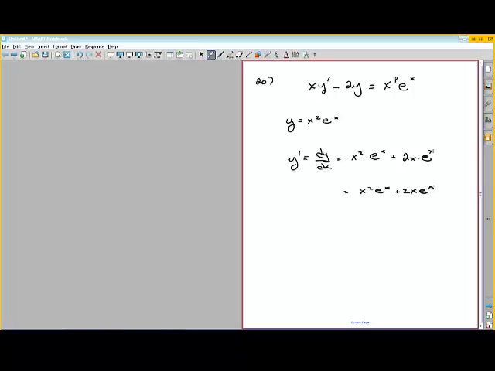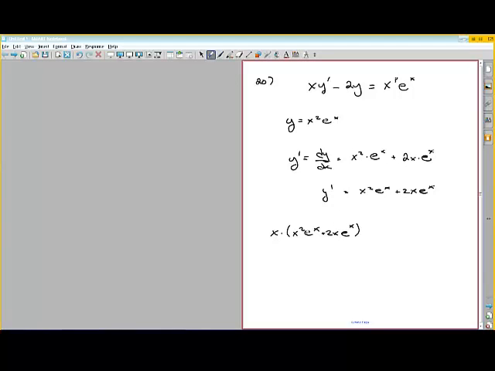Now we substitute in for y prime, we put that in there. For y, we plug that in and see if after we simplify we get x cubed e to the x. So the first term is x times y prime, which is going to be x squared e to the x plus 2x e to the x.